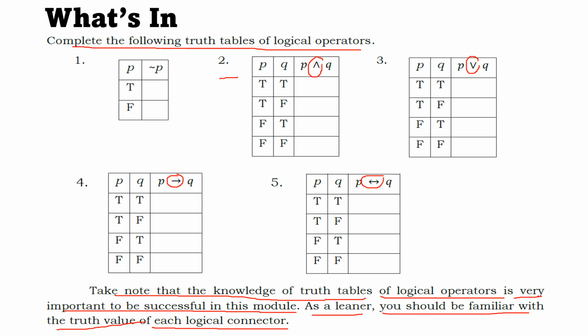You need to be familiar with the concepts that conjunction, disjunction, negation, conditional, and biconditional bring to us, and how we deal with the resulting truth value when we use these logical operators or connectives to combine two or more propositions.